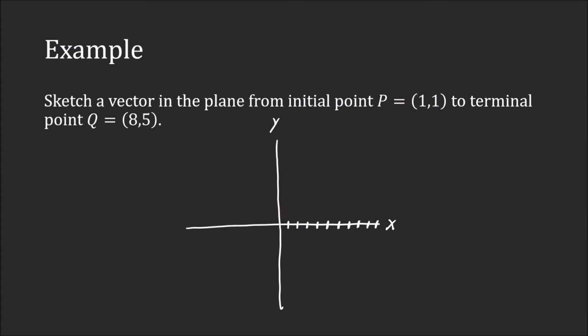So I'll draw 10 ticks along the x-axis, and I'll do the same on the y-axis. So the initial point is 1, 1, so that'd be this point right here. Then we go to terminal point 8, 5.